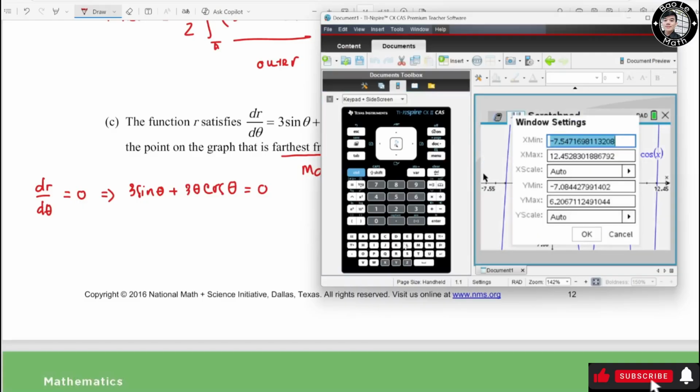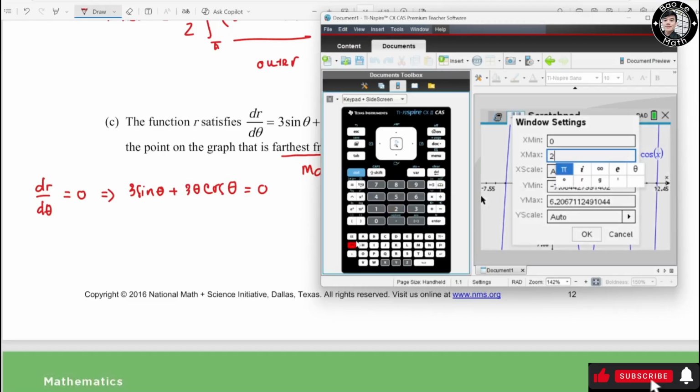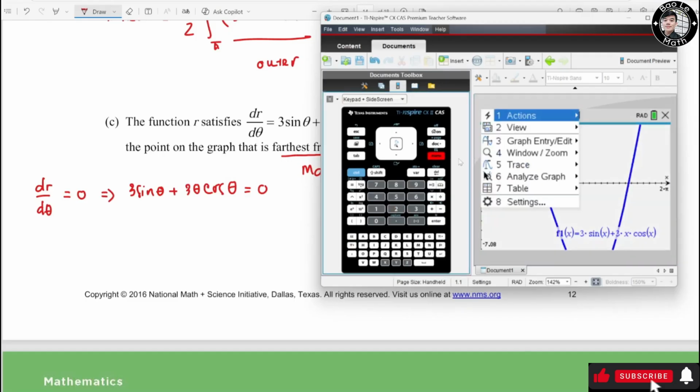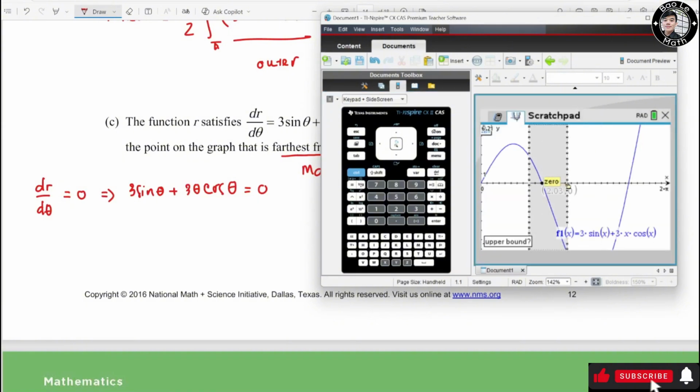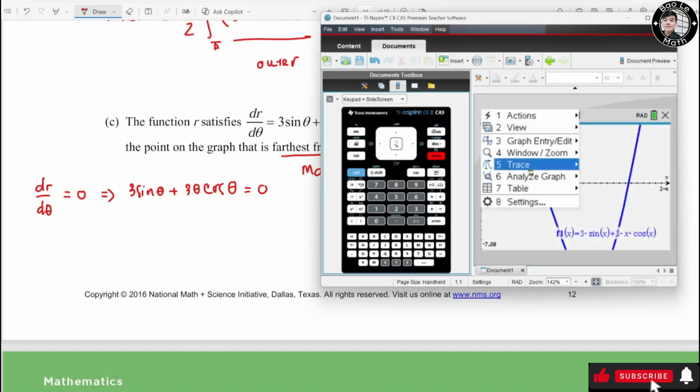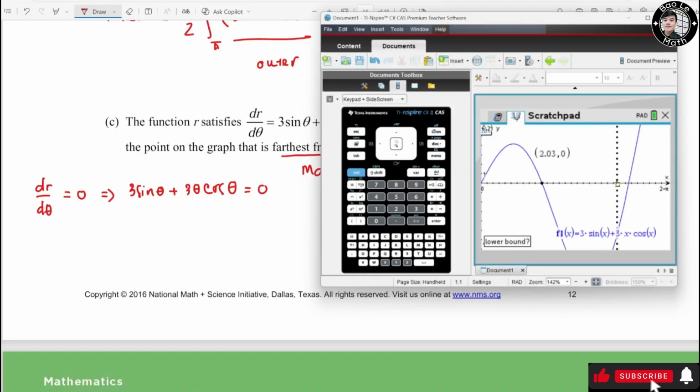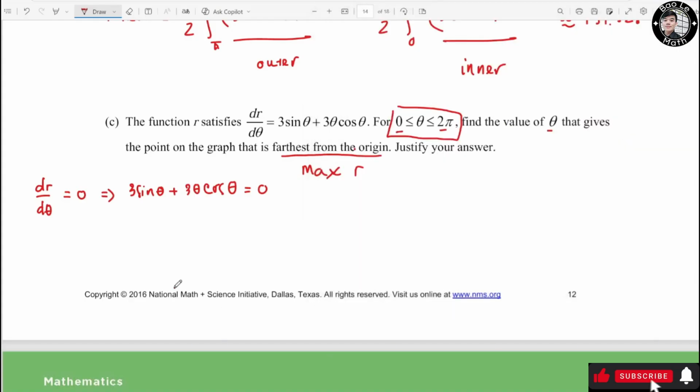Angle theta is from 0 to 2 pi, so we press 2 times pi, press OK. Press menu, set number 1, go to the left, go to the right of 0: 2.03. Menu, set, number 1, go to the left, go to the right: 4.91.